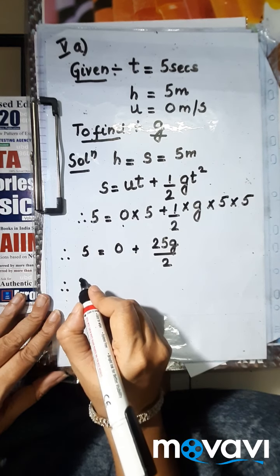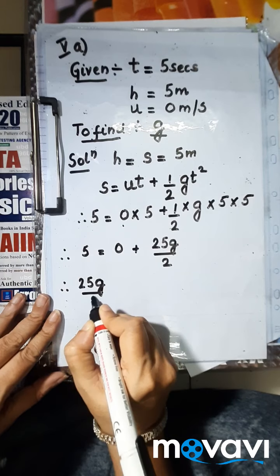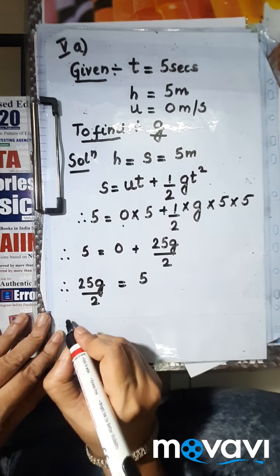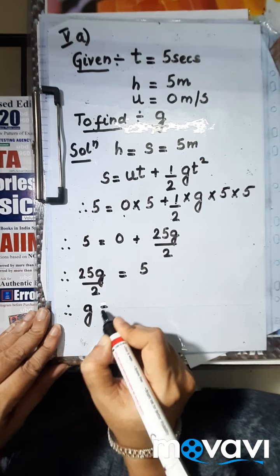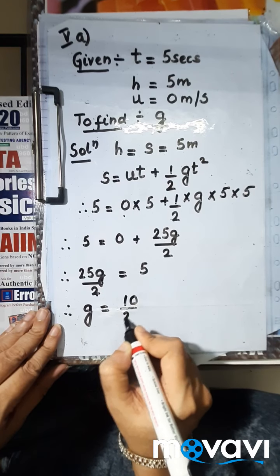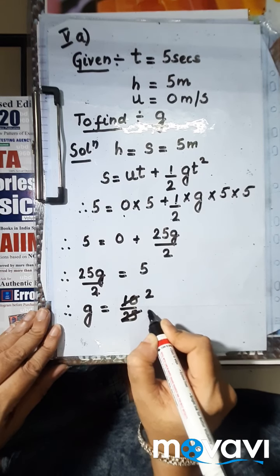When you add 0, you get the same number. So 25G upon 2 is equal to 5. Therefore, G is equal to 2 multiplied by 5, that is 10 upon 25. That is 5 2s are, 5 5s are.